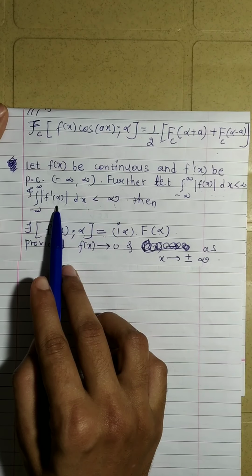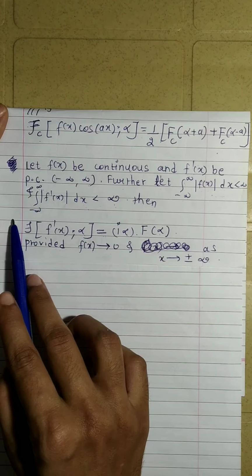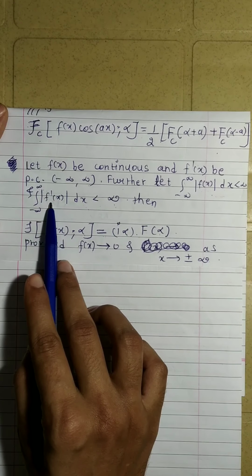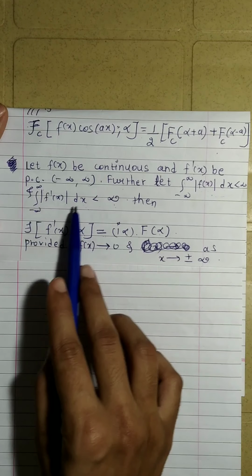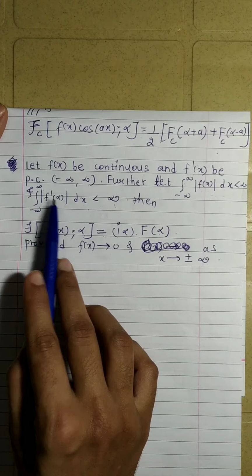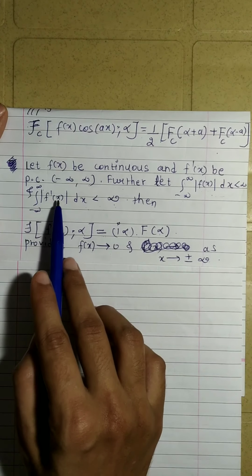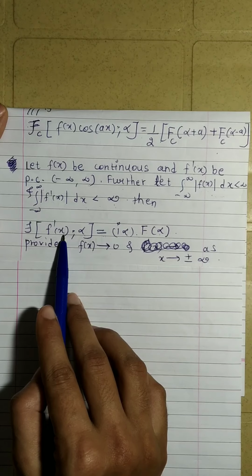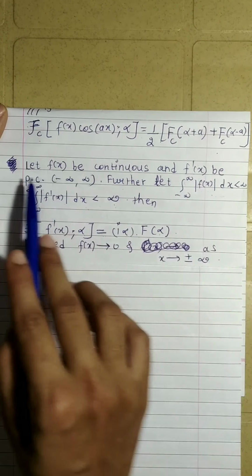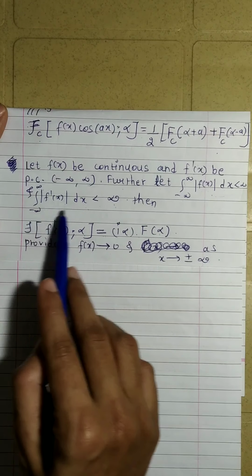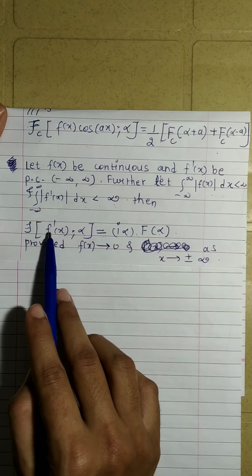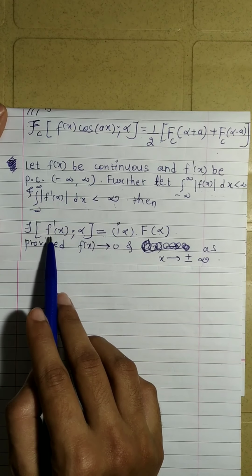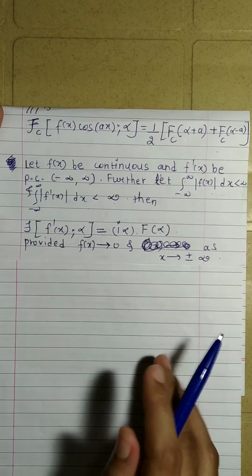Now we want to talk about the Fourier transform of the function, let us suppose g(x), wherein g(x) is the function f'(x). So these conditions should also be true for f'(x) to talk about the Fourier transform of the function f'(x), and hence it is given here: f'(x) be piecewise continuous and this quantity be finite. That means this integral converges. And now we are talking about the Fourier transform of the function f'(x).